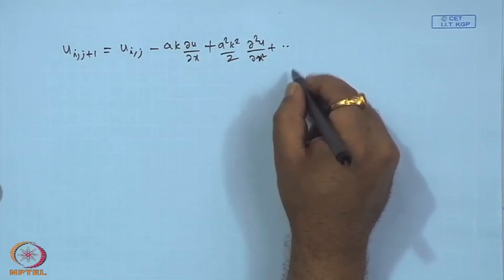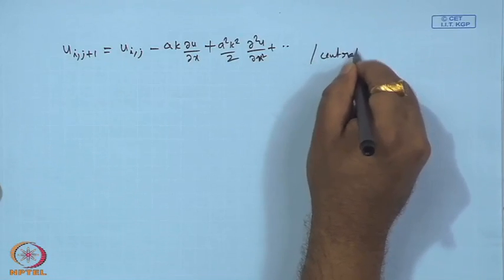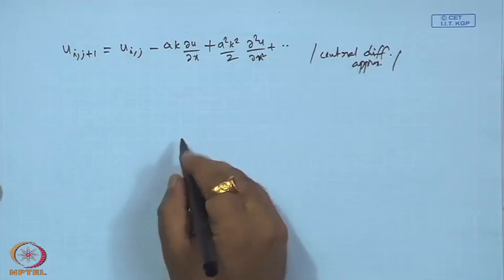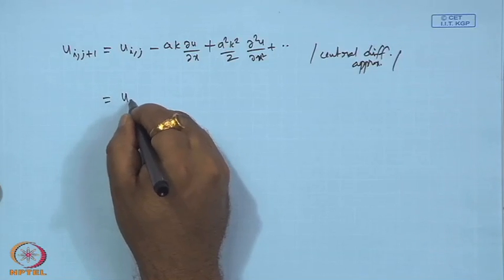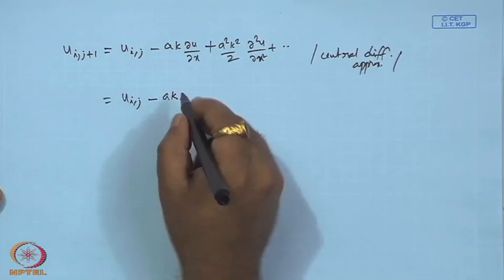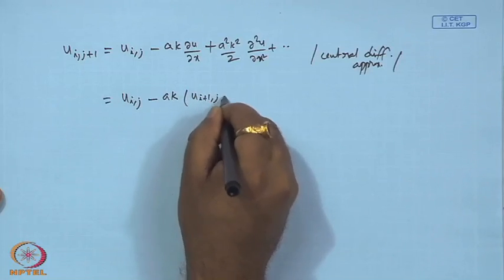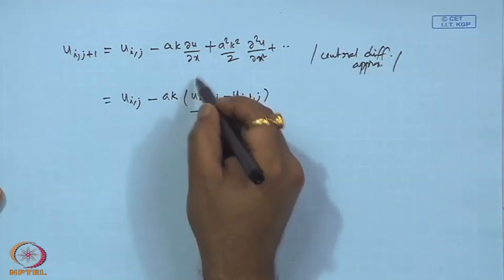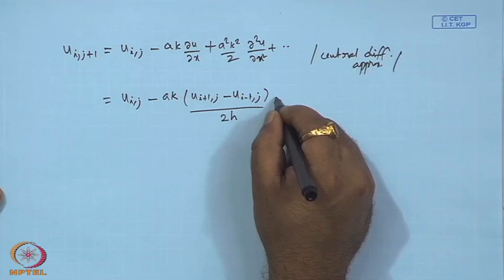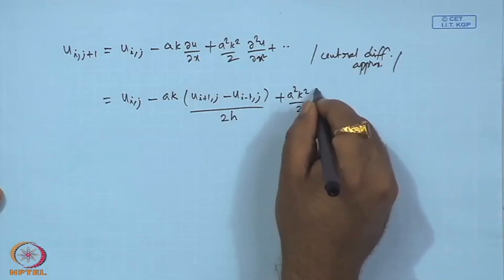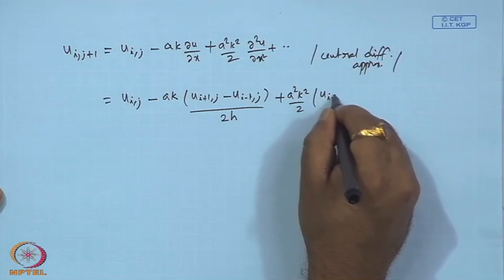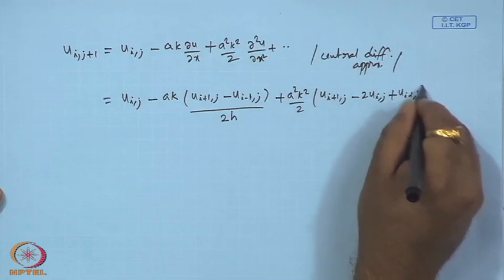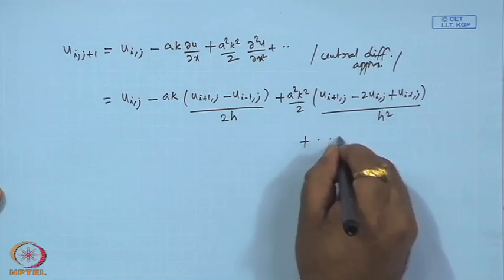So, now going for central difference approximations, we have, for this term, then the next term, so second order, plus dot dot.